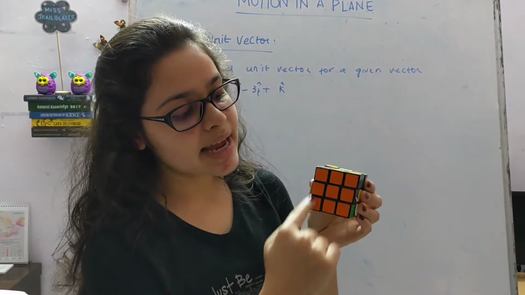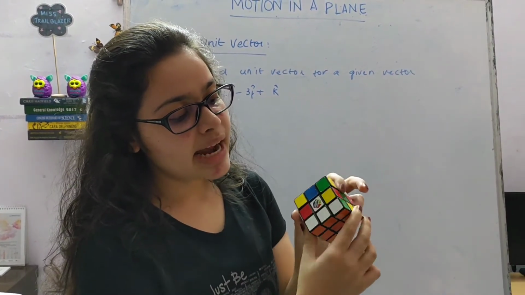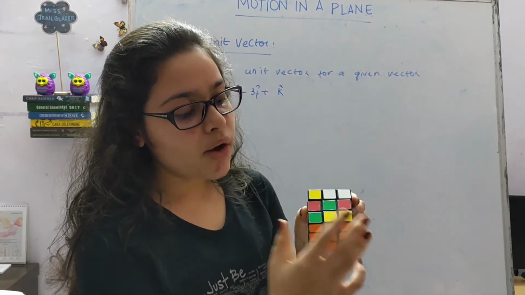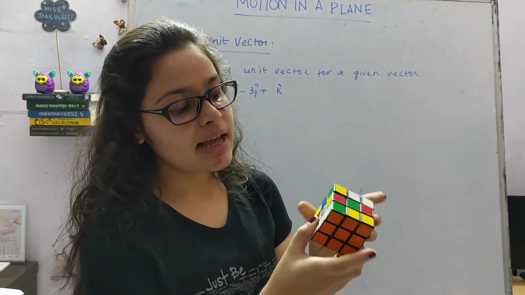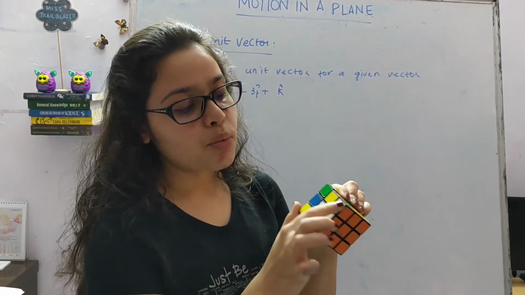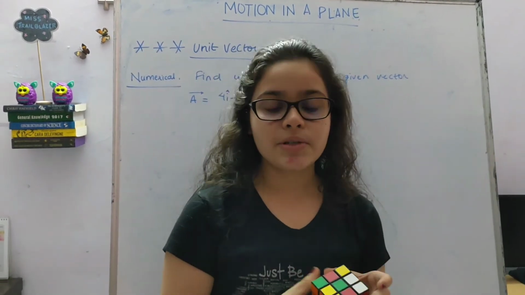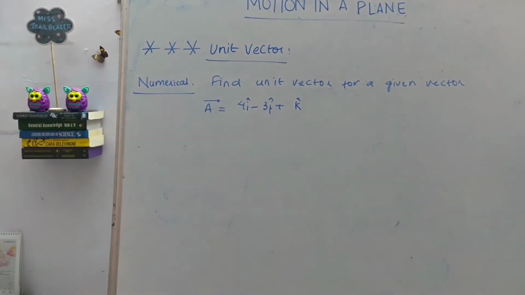So xz is perpendicular, yx is perpendicular, and yz is also perpendicular. So basically we call this the xy plane, this the xz plane, and this the yz plane. You will learn more about this in maths, where you have a chapter called three-dimensional geometry. You will be able to visualize it better. Now let us get on to solve this question.